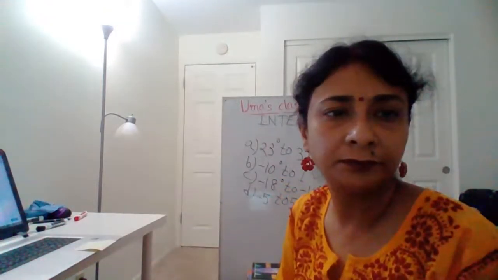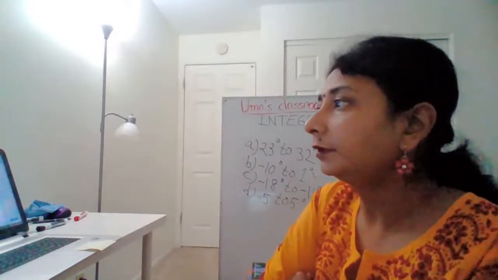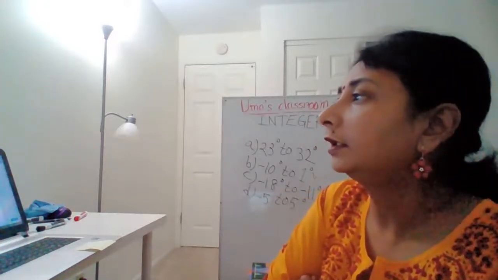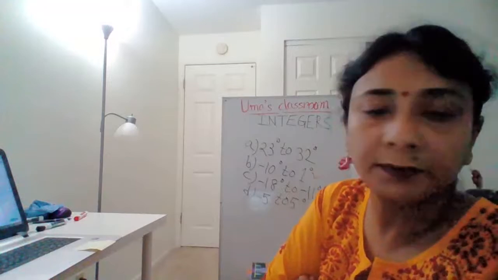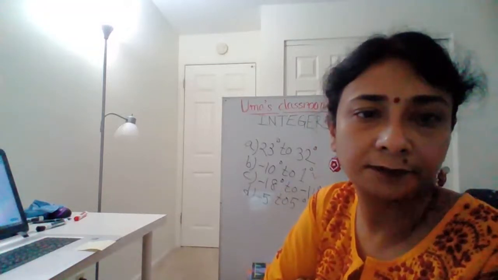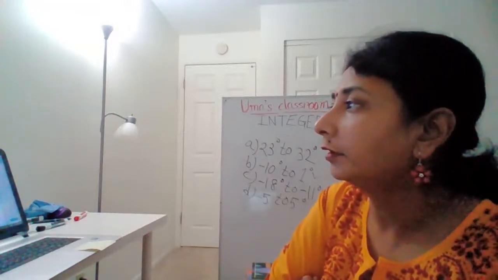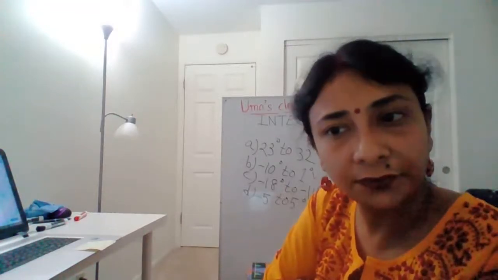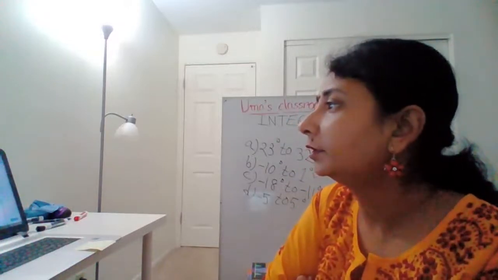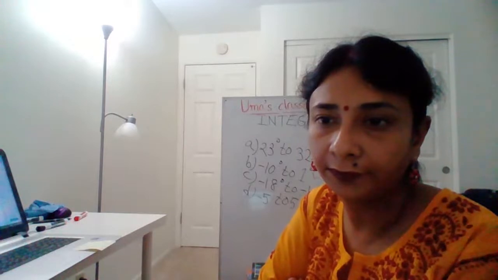It's up to you. The question is saying, in a table, it shows the lowest recorded temperatures for each continent. Write the continents in order from lowest recorded temperature to the highest recorded temperature.